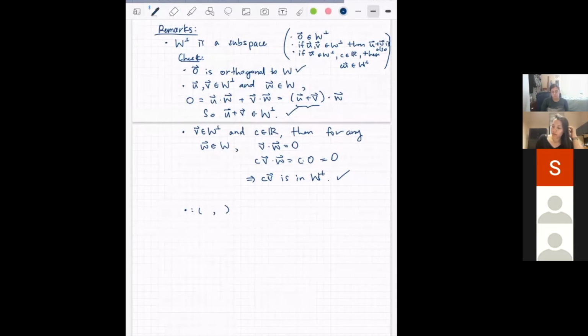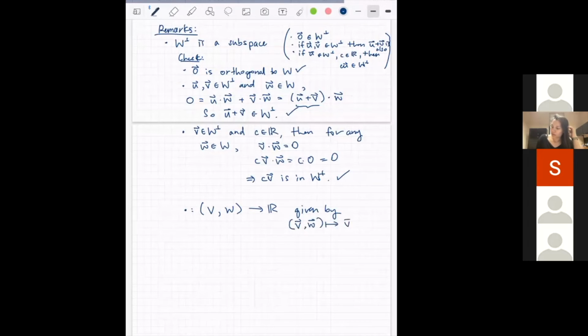So you would have V and W into R, V W maps to V dot W. And then it would be the kernel of that.